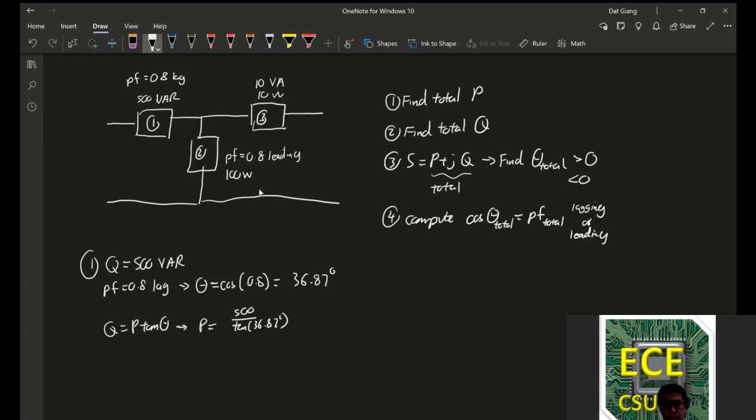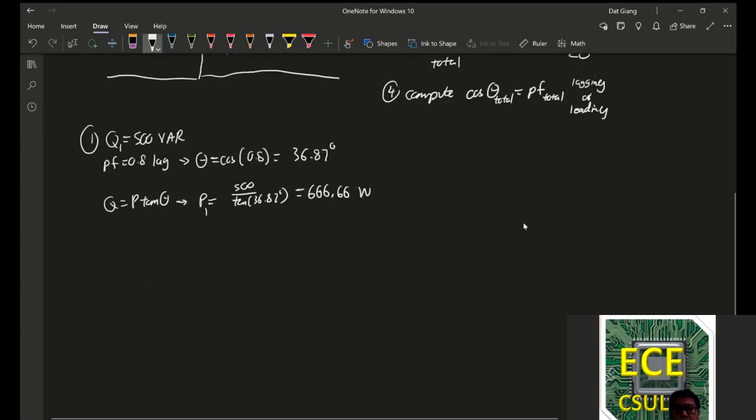If we do that, we get about 666.66 watts. Lots of sixes. Okay, so now we're done. Let's call this Q1 and this is P1.